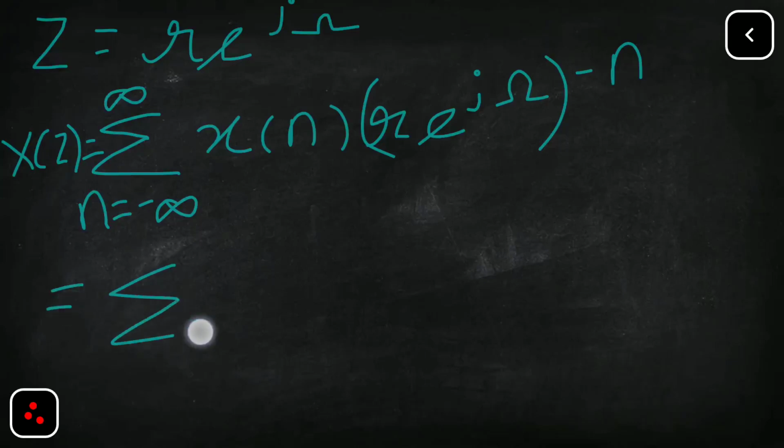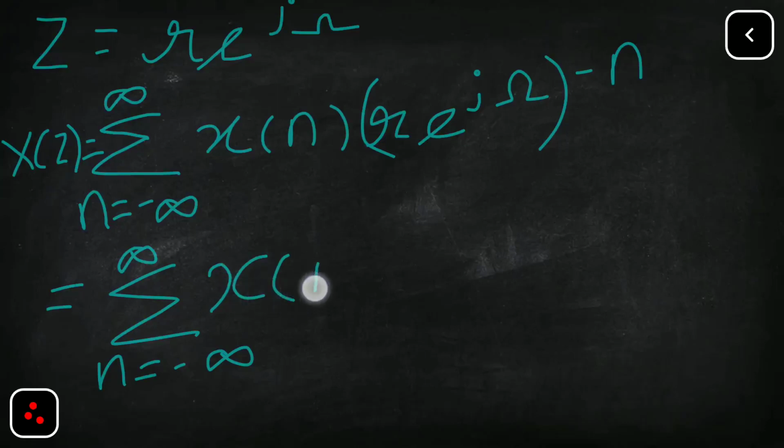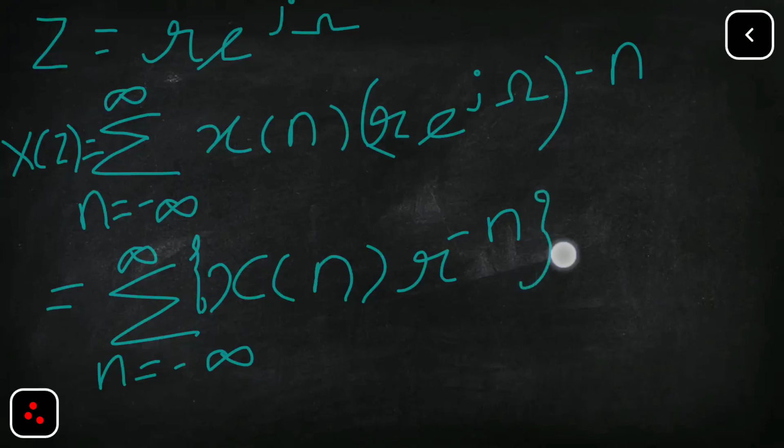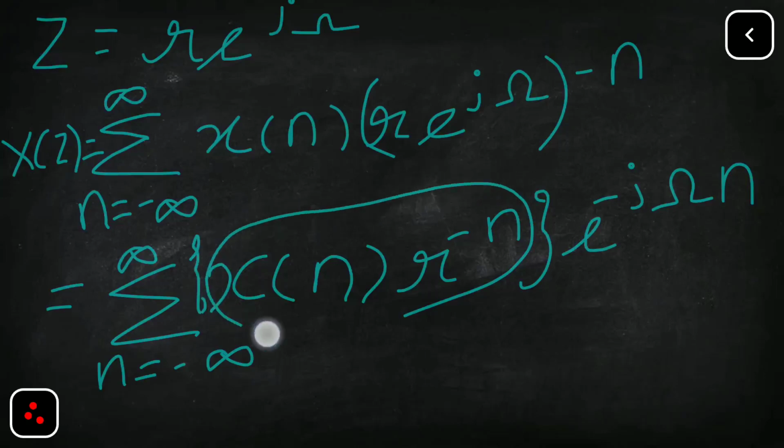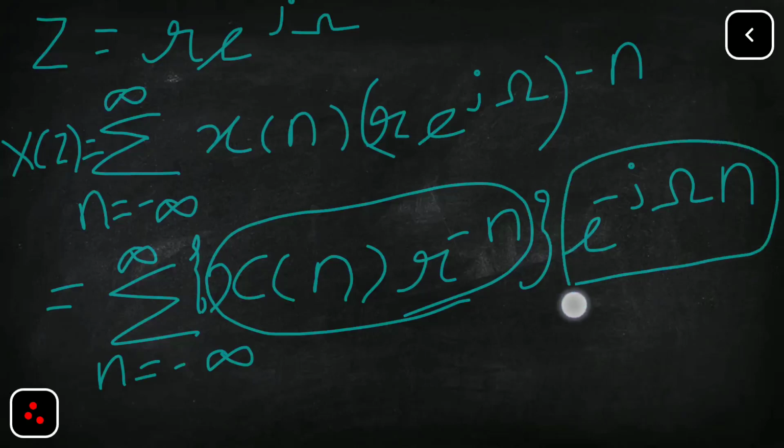That becomes the summation from n equal to minus infinity to infinity of x of n into, just write a flower bracket over here, x of n into r to the power of minus n, and you are going to keep e to the power of minus j omega n outside. So we took r to the power of minus n inside, and we omitted e to the power of minus j omega n outside, and we wrote it, right? This is what we did right now.